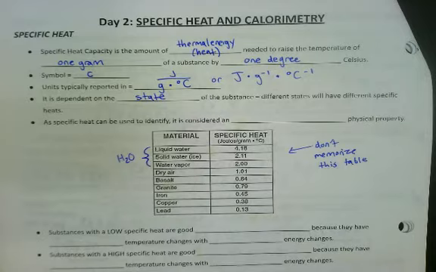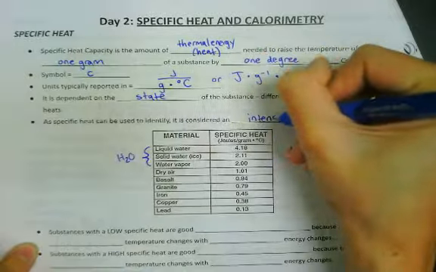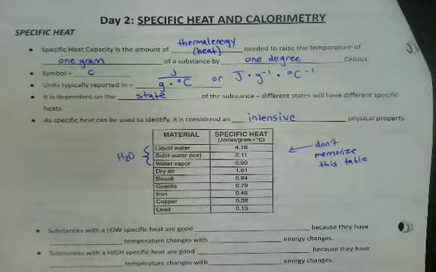And just another piece of information is that specific heat is known as an intensive physical property. So you can actually identify a substance by its specific heat. We don't talk a whole lot about intensive versus extensive physical properties in this class anymore since it's not in the TEKS.